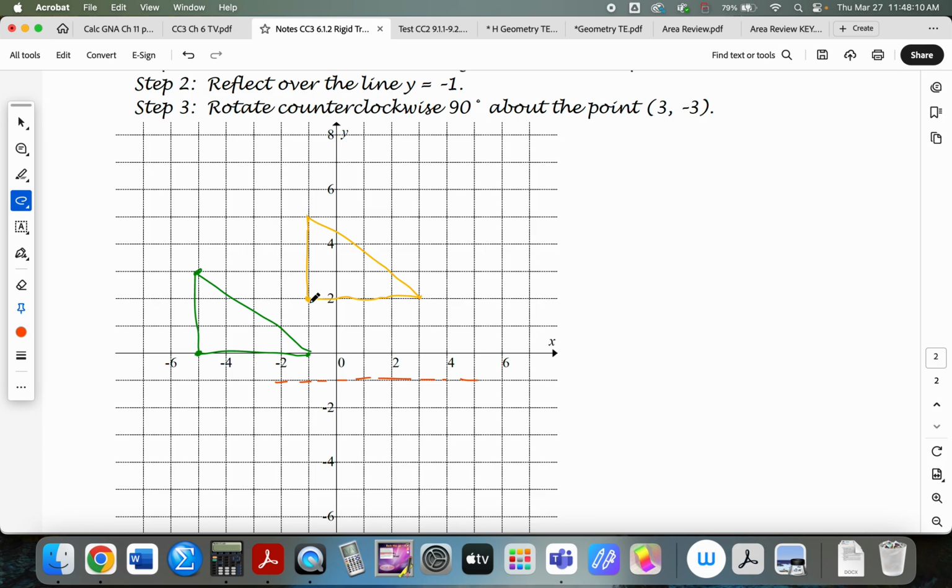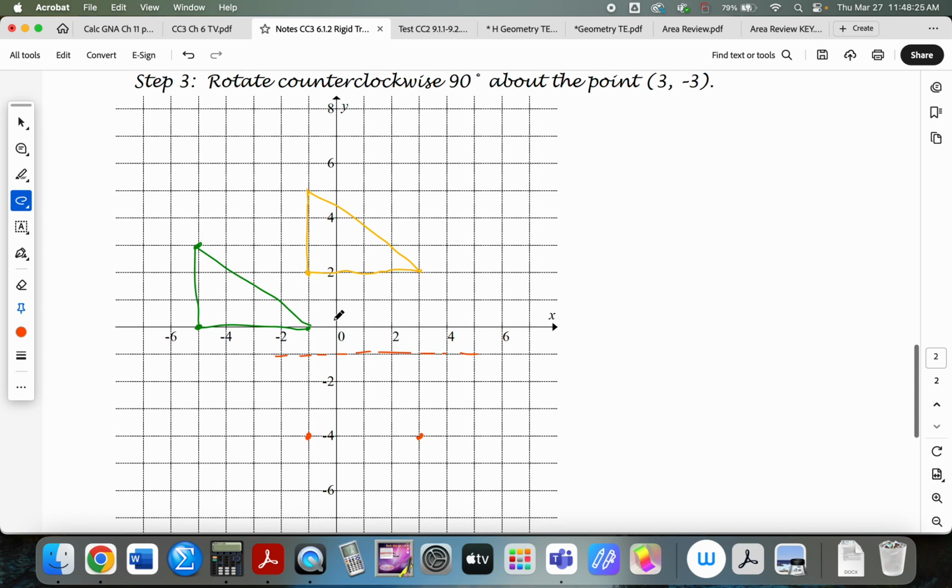So that means this point that's 3 spaces away from the reflection line will be 3 spaces away on the other side, just like this one will be. And this point that is 6 spaces away from the reflection line will be 6 spaces to the other side. So that now looks like this.